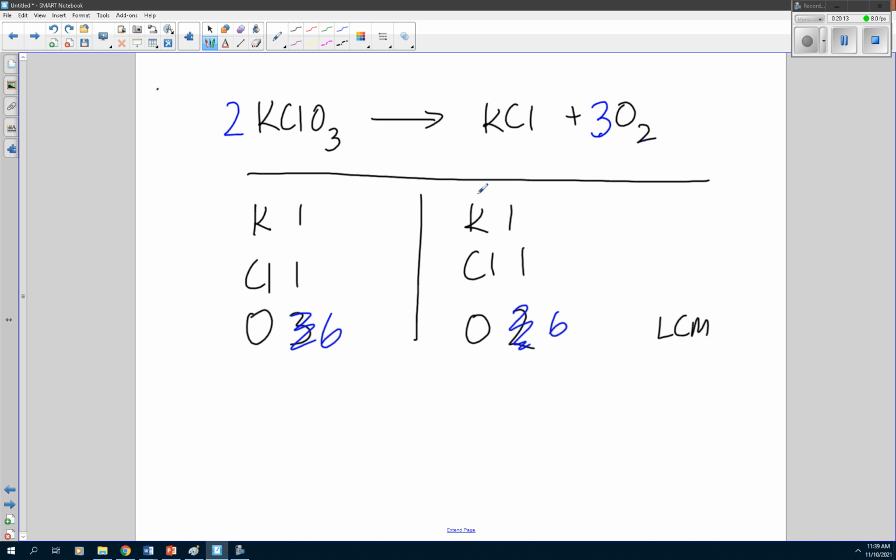So far, we're good, but by adding a 2 in front of the potassium chlorate, it changes the number of potassiums and chlorines. Now I have 2 potassiums and 2 chlorines. And I need to get 2 potassiums and 2 chlorines here. So I can modify that by having a second potassium chloride molecule. 2 and 2, and now we're balanced.